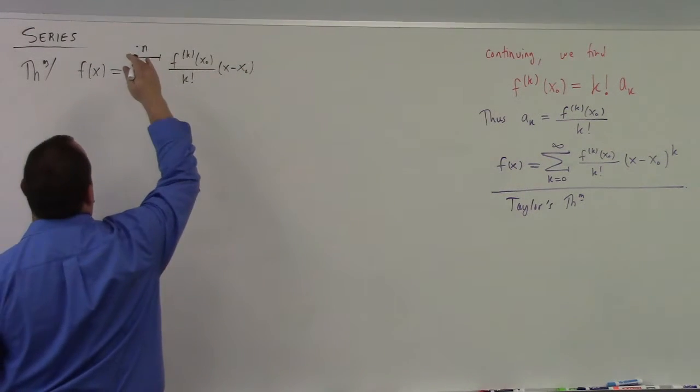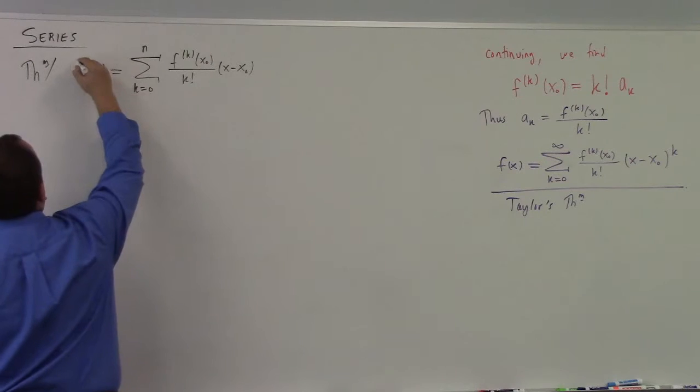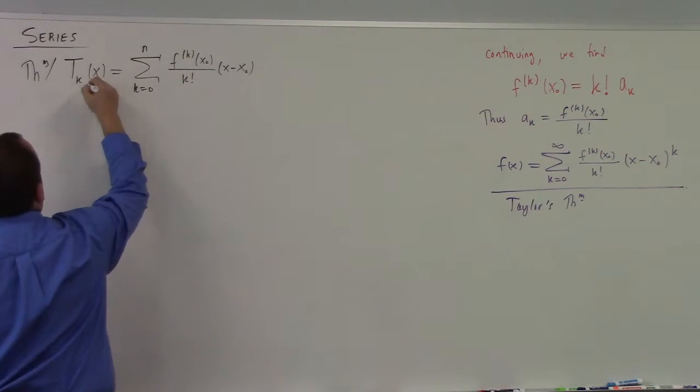That's not f of x. This is the nth Taylor polynomial, all right?